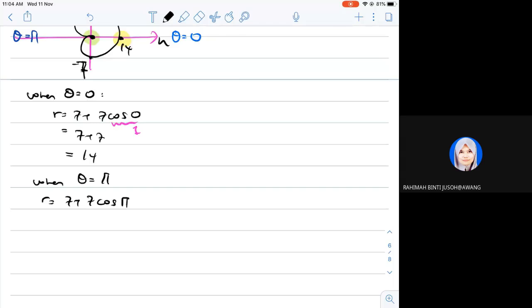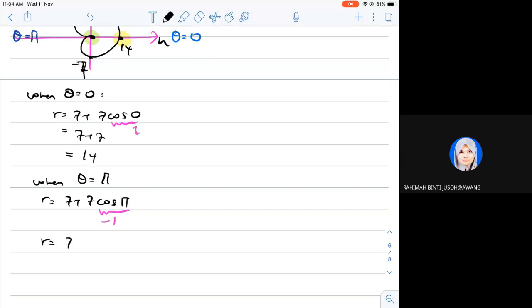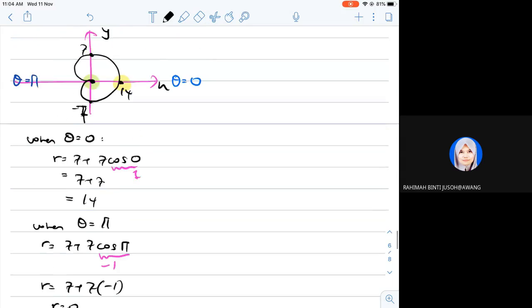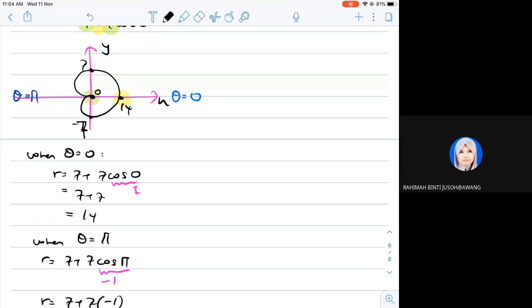Cos pi is equivalent to negative 1. So r equals 7 plus 7 times negative 1, we will get r equals 0. So that's why dia masuk ke dalam ni. Jadi 0 here, because when theta equals pi, we get no radius. Radius equals 0. Understand, guys?